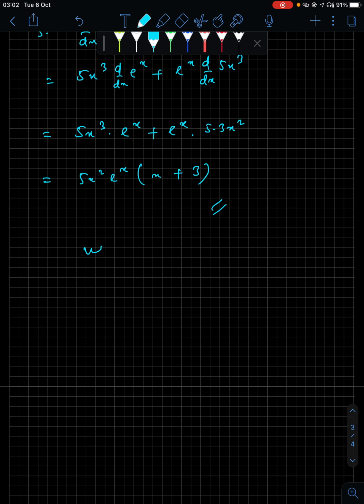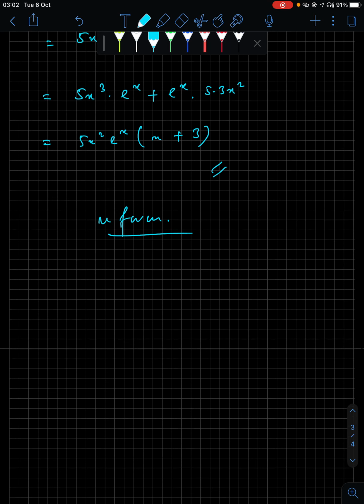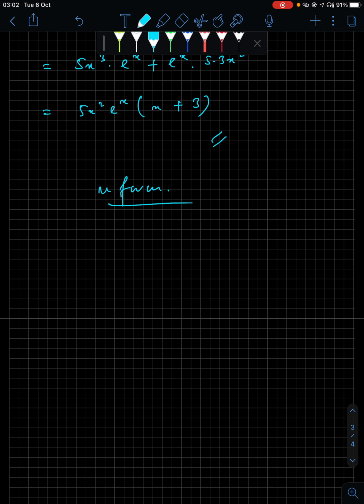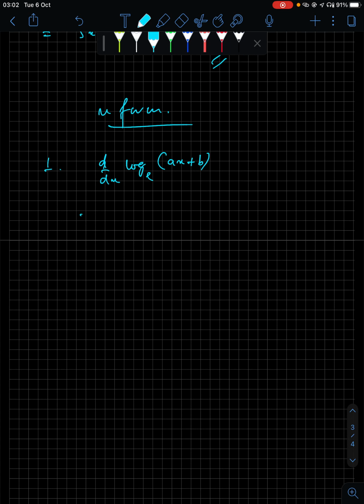Now we have the log u form. Number 1, ddx of log ax plus b. Again, this is natural log. So ddx of log u is 1 by u, times ddx of u.